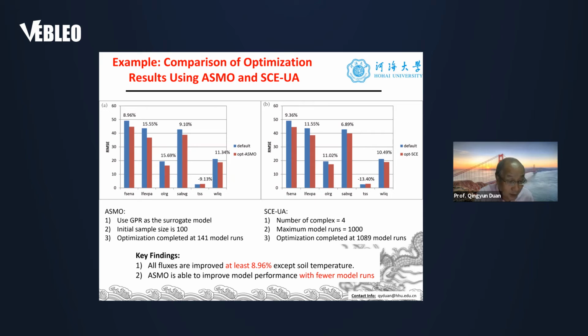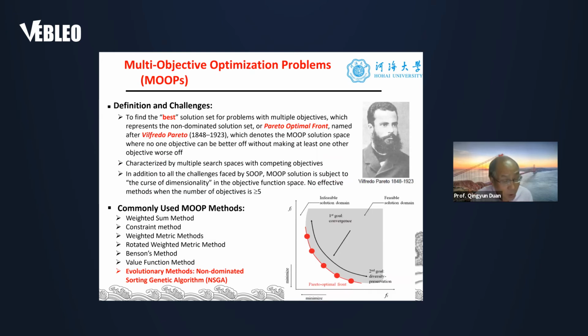The difference is that the ASMO method used only about 141 model runs, while the SE method used close to 1,100 model runs. So we achieve the same kind of results with much fewer model runs. That's the advantage of the ASMO method.